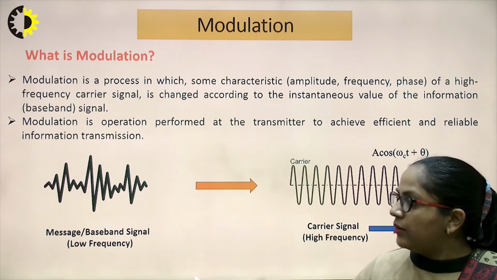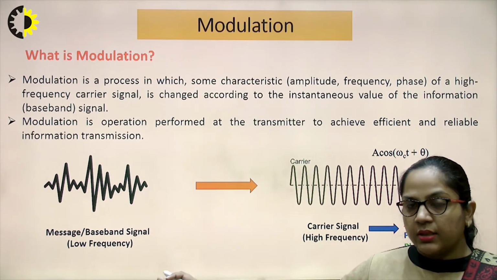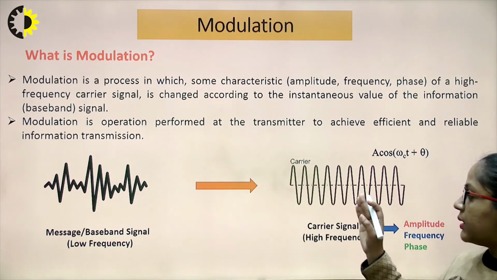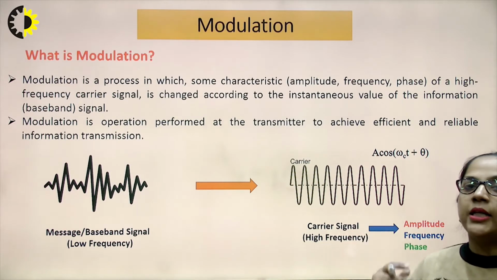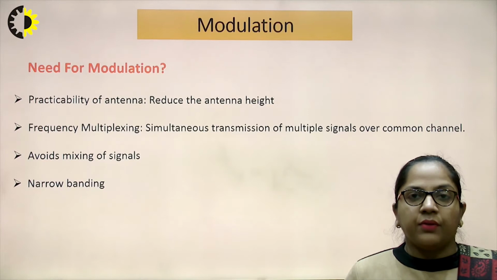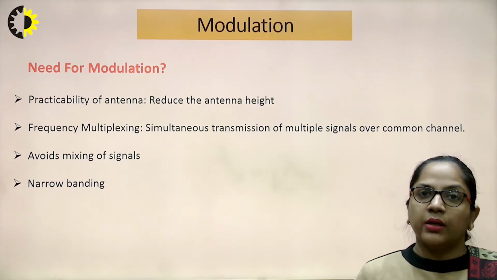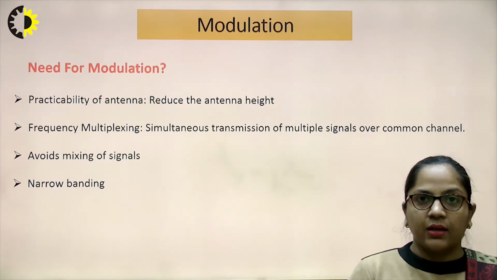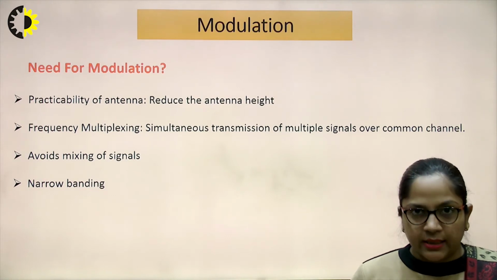Why do we require to superimpose this low frequency signal over this high frequency carrier signal? That means, what is the need of modulation? Let us discuss why there is a need to convert this low frequency signal into a high frequency signal.